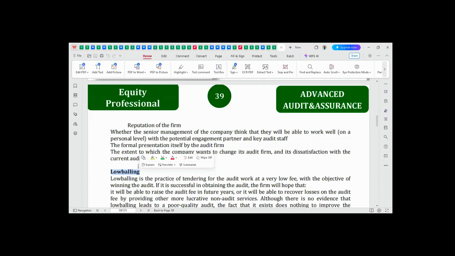Even during the presentation, I was able to impress the management and board. So at the end of the day, I won. I was given the opportunity to be appointed as the auditor. So I started the job with 20 million, fully aware that I have potentially lost 30 million.